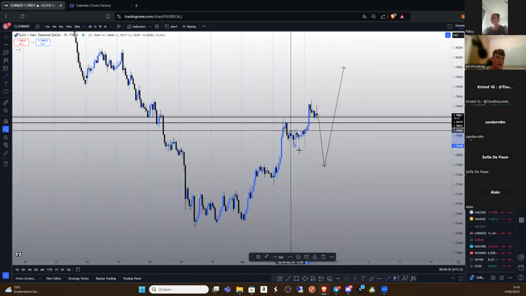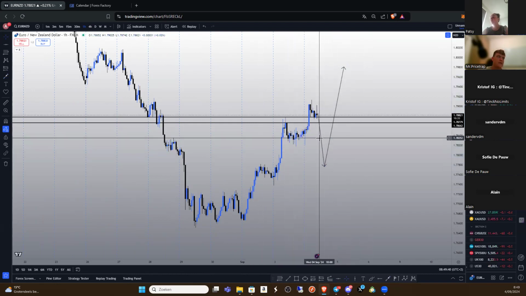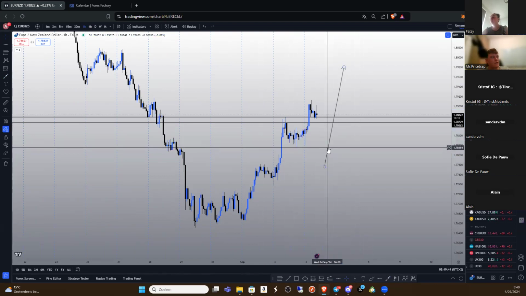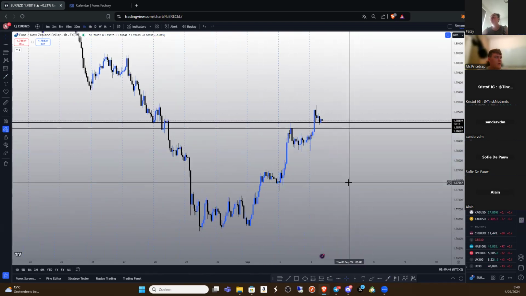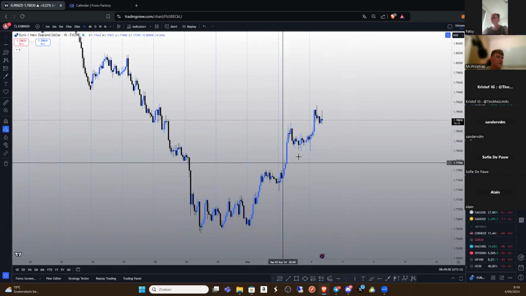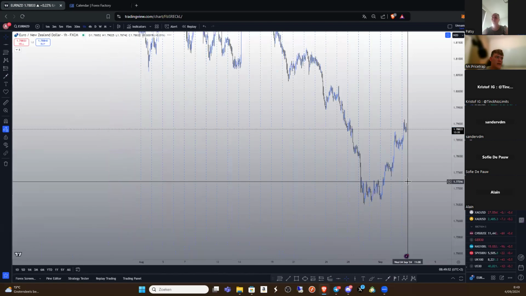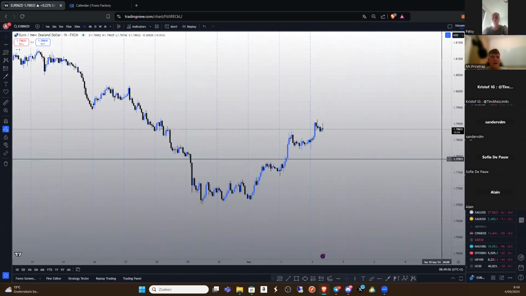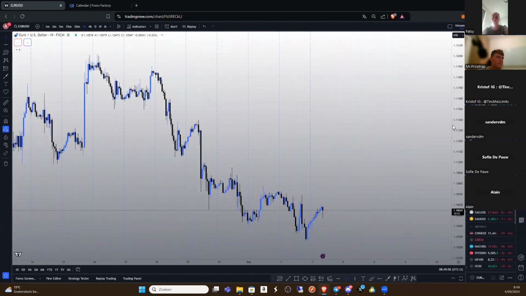That's why I don't want to use the support over here, because it can give you some mixed signals, all right? So this is basically what I would be looking for. To be honest, I would be just leaving it alone. I don't really like what I'm seeing here, okay? You could look for a breakout retest to the upside, but I'm staying away.